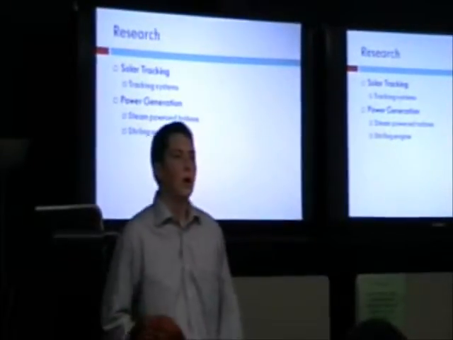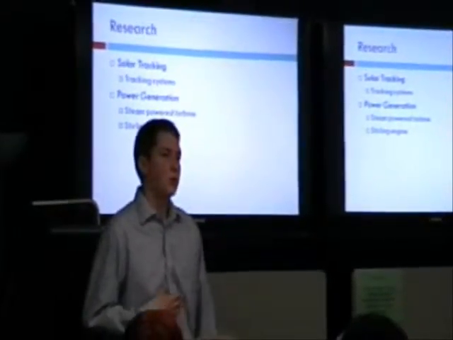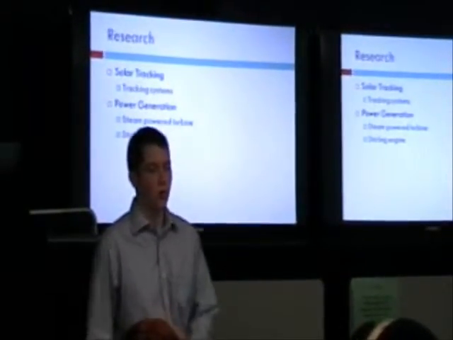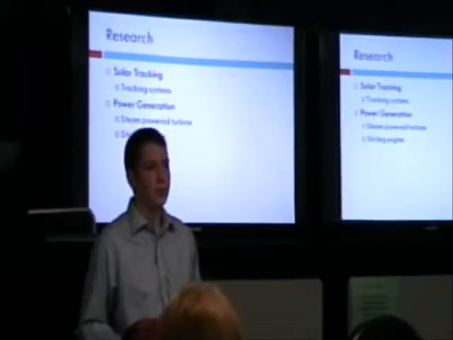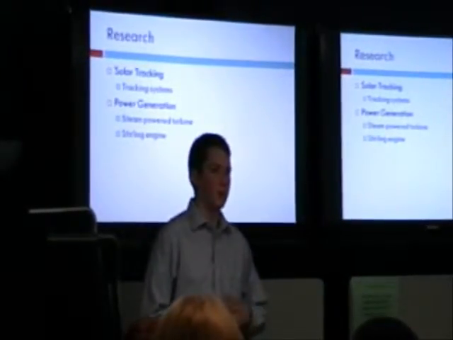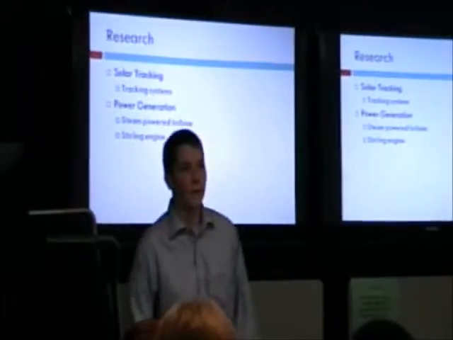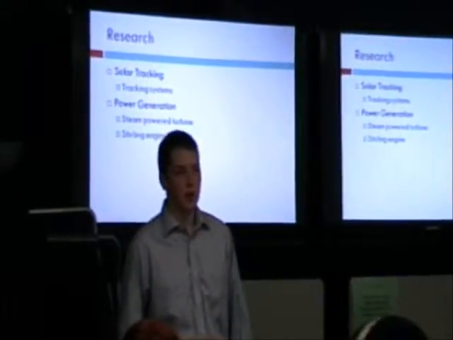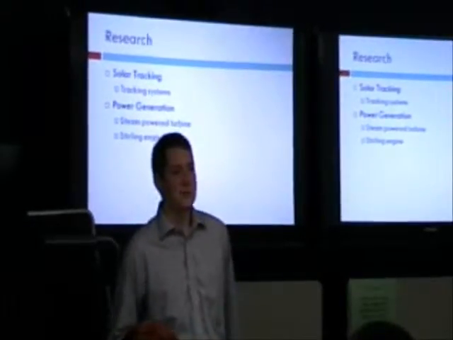Solar tracking: I did a lot of research into how to modify these satellite dishes, which is what I made my product from, to track the sun, and into different commercial products that are available for sensors and actuators. Power generation is done through basically two different means. Your most classic is the steam power turbine.